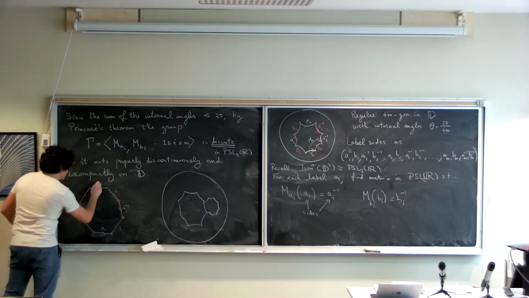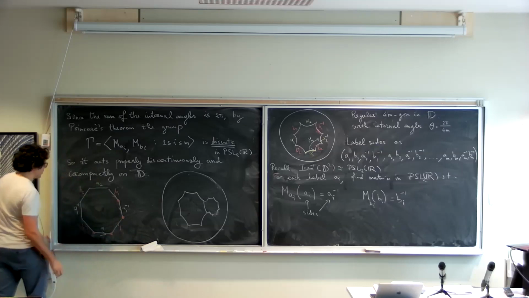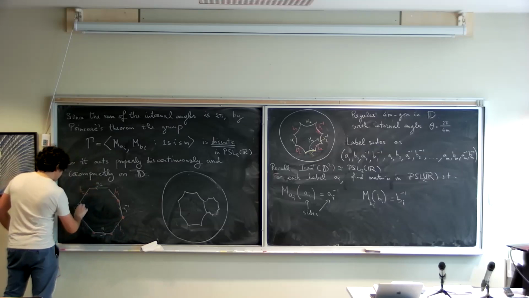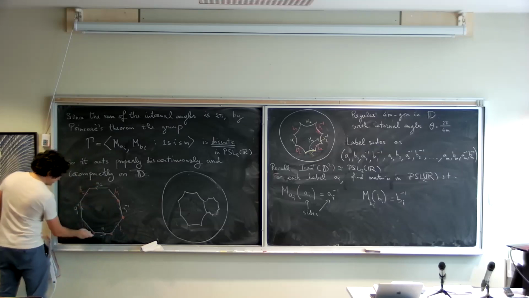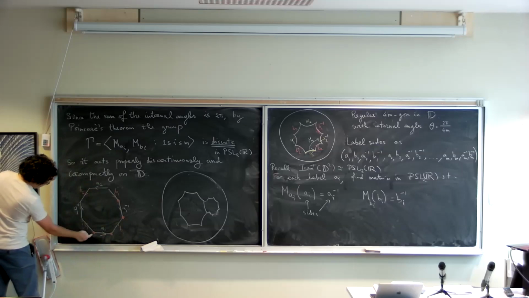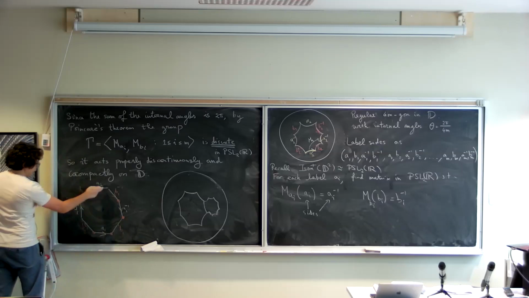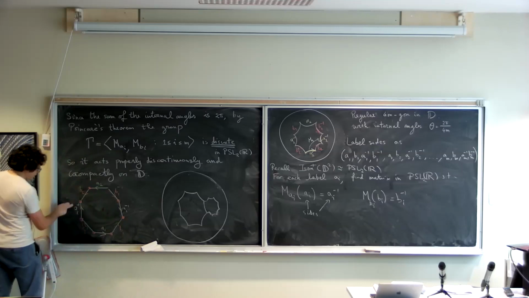And now you can do the other one, A2 inverse, B2 inverse. You see that this is also the tail of B2, so it's the same as this one, which is also the head of A2, so it's the same as this one, which is also the head of B2, which is also the tail of A2.